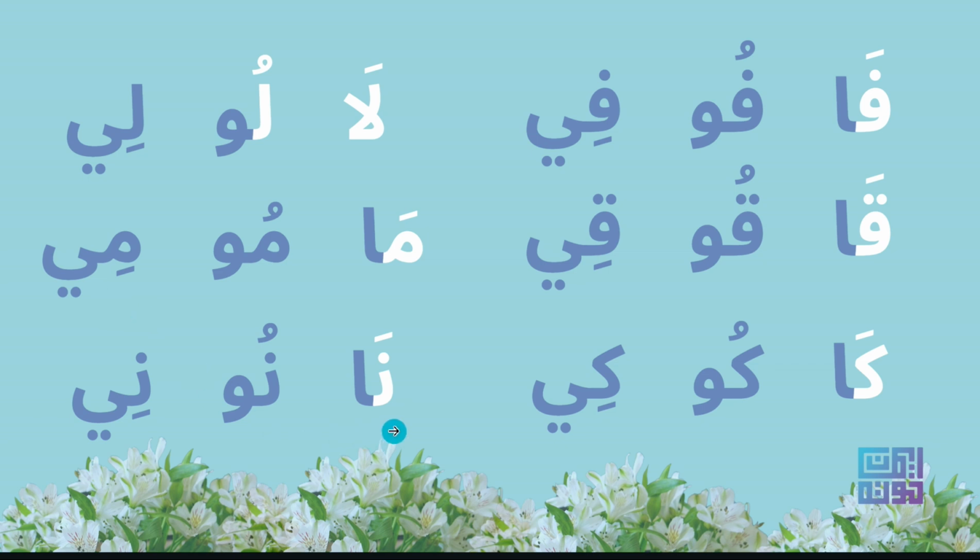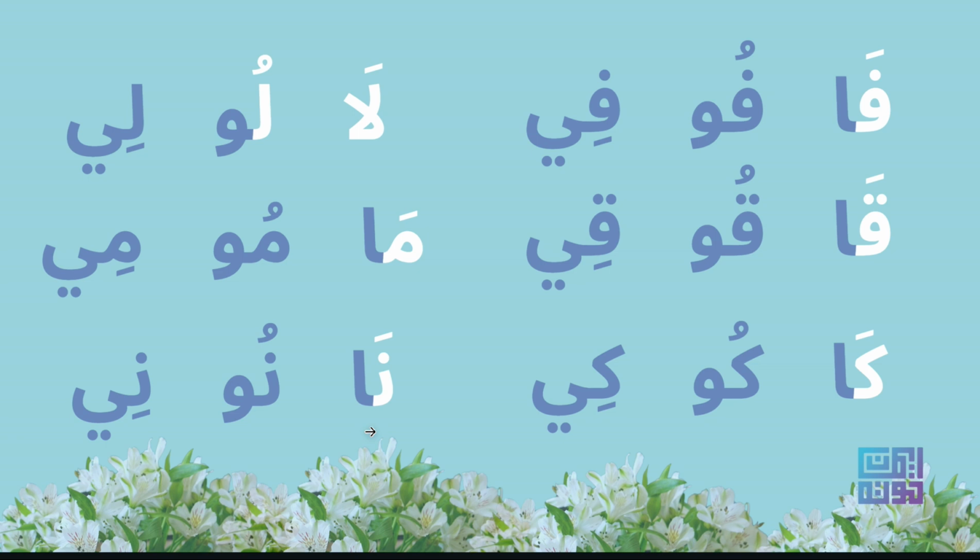This one is Noon. The name of the letter is Noon. Let's pronounce it. Na. Nu, ni. Try not to say ne. Can you see this? This alif has something called imala in this pronunciation. This is not a correct pronunciation according to Hafs. This is the reading that we are learning.